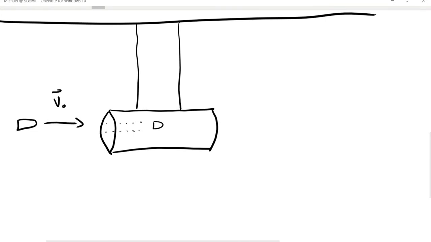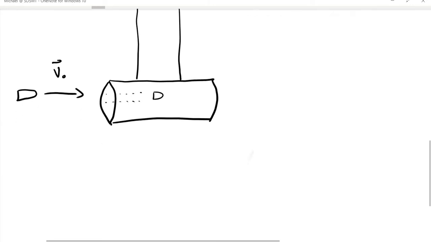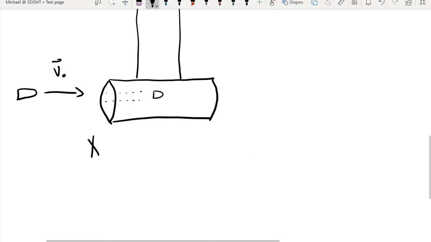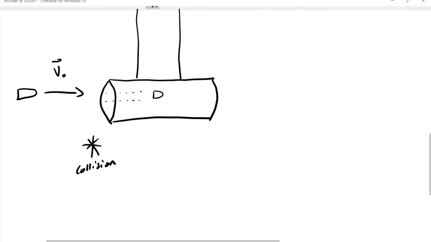This is obviously a collision when the bullet collides with the log. And so during that collision, there is going to be a transfer of momentum and energy from the bullet to the log.